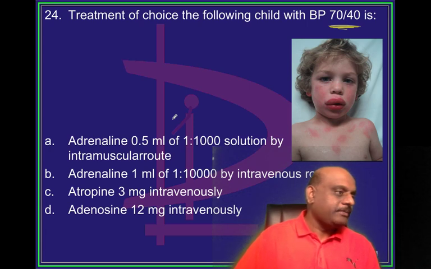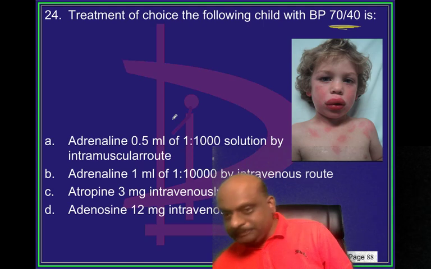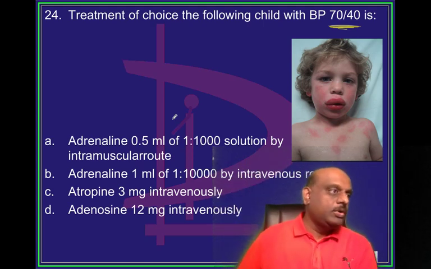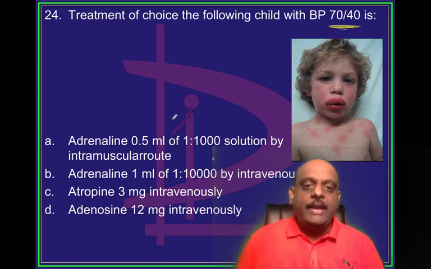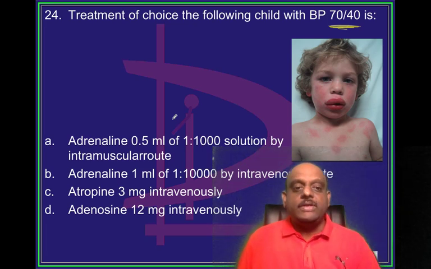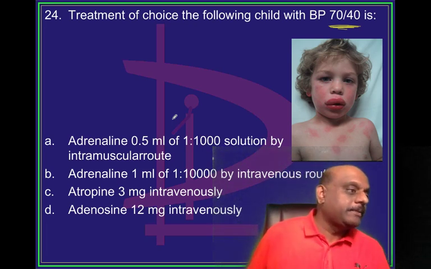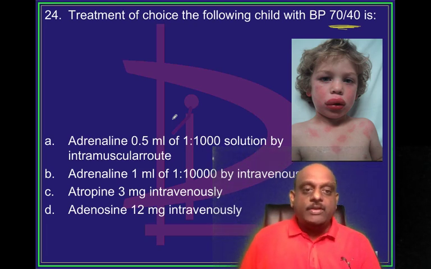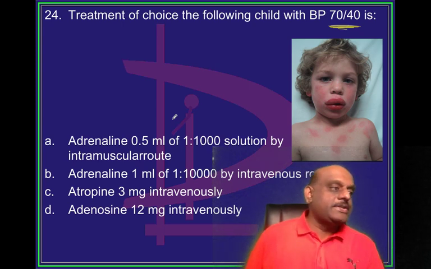Yes, doc, keep punching your answers. Harshit Gowda is proposing adrenaline half ml of 1:1000 solution by the intramuscular route. Roshan Yadav also thinks the same. Amrita thinks the same.